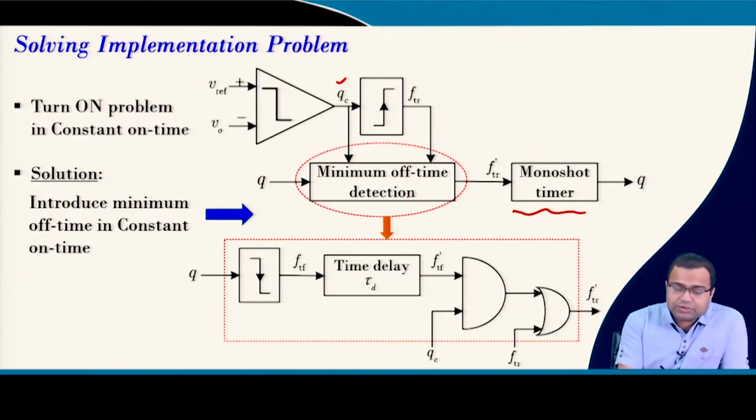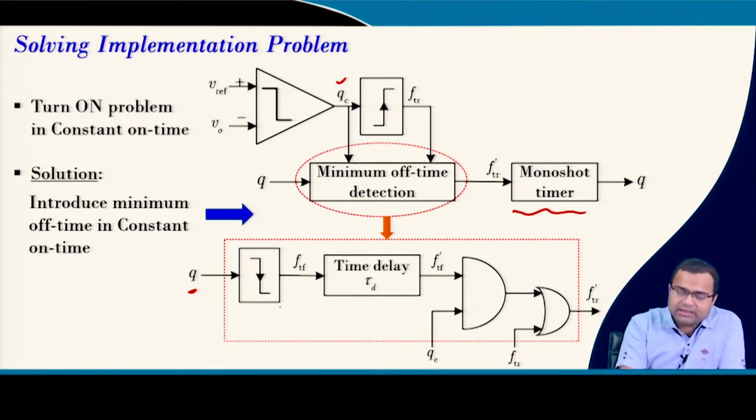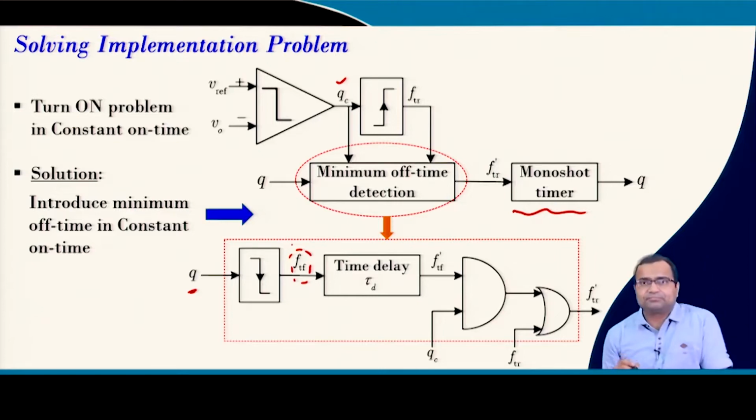How does it work? We should check the status of the gate signal. When the switch was on, the monoshot timer was high, then at some point the timer finishes its counting value, then the switch turns off, and at that time you detect a falling edge of the switching signal.